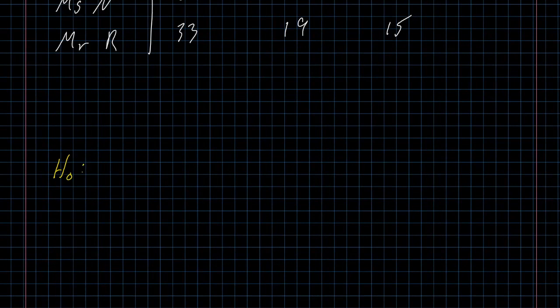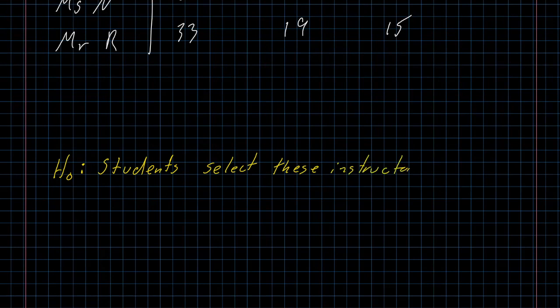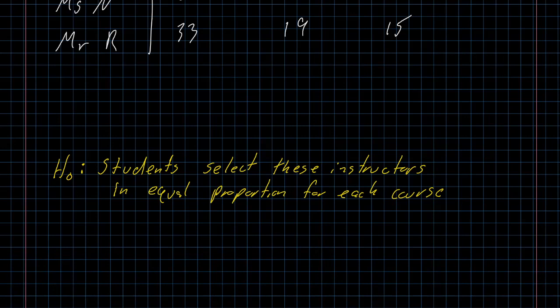The null hypothesis in this case is the claim we'll phrase as: students select these instructors in equal proportion for each class.